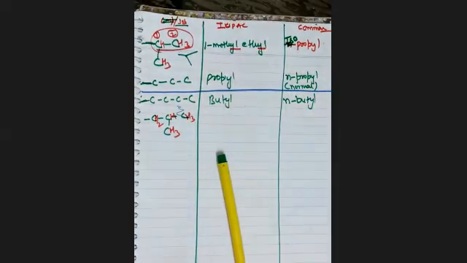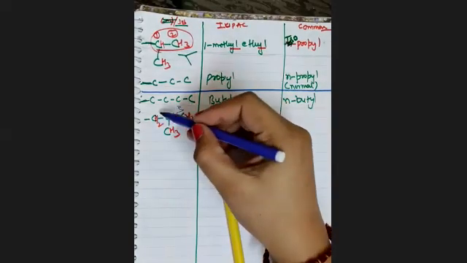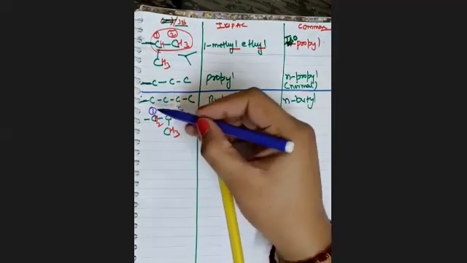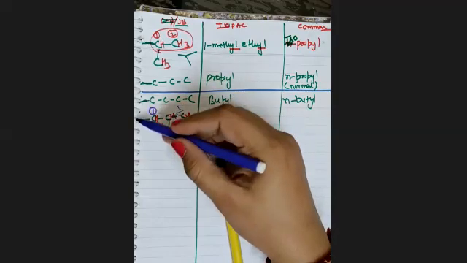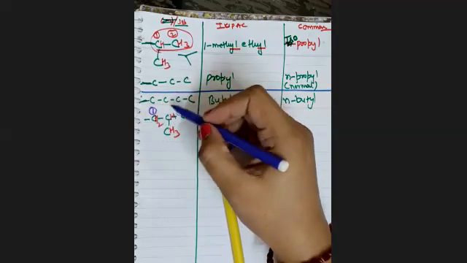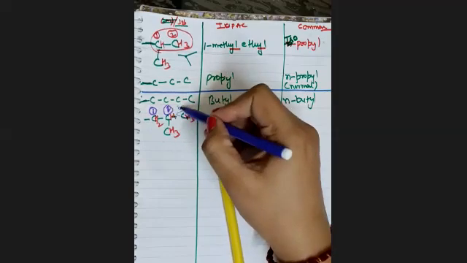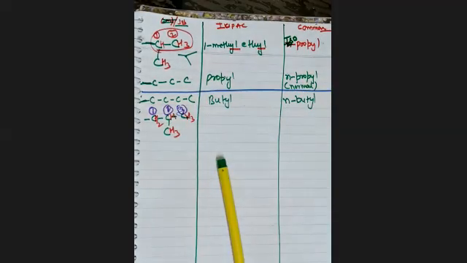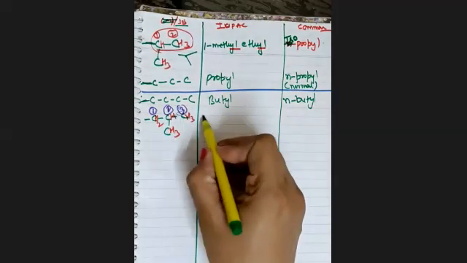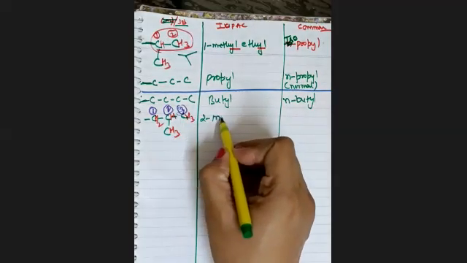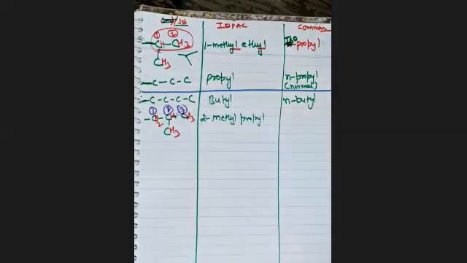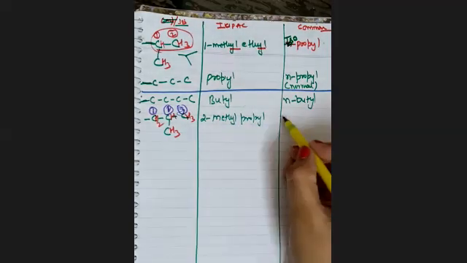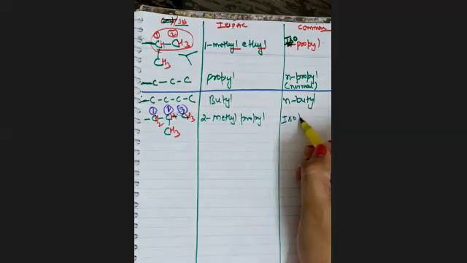You can start from this one, because we will take the attached carbon, the carbon which is attached with the main chain or root chain, as the first one. 2, 3. So as you can see, this methyl group is present on the second carbon. So 2-methyl propyl, and this is known as isobutyl.